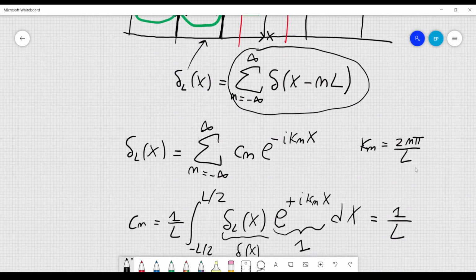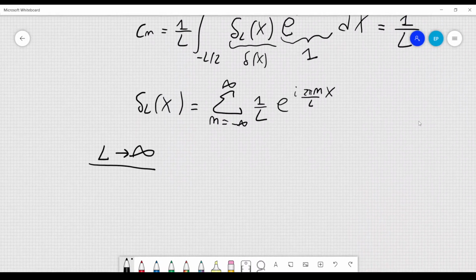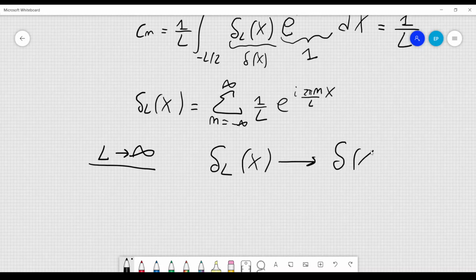And I will obtain the representation, which we will see will be an integral representation of the Dirac delta. Because if we let L go to infinity, the function delta sub L of x will become delta of x.